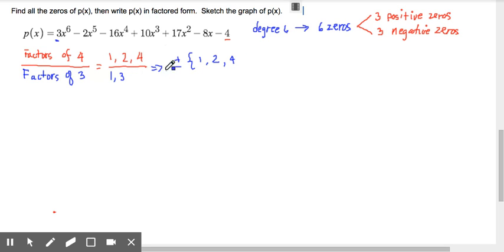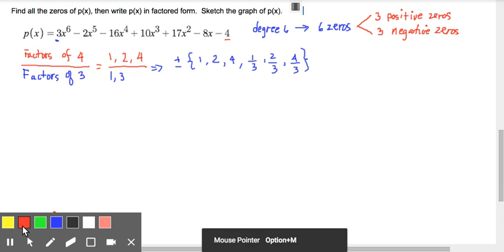Now 1 over 3 is 1/3. And 2 over 3 is 2/3. Now 4 over 3 is 4/3. So that means we have this many numbers to choose from. We take the positives and the negatives of this and see which one of these are the zeros of this polynomial function.